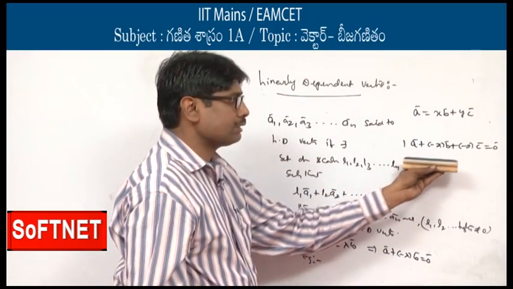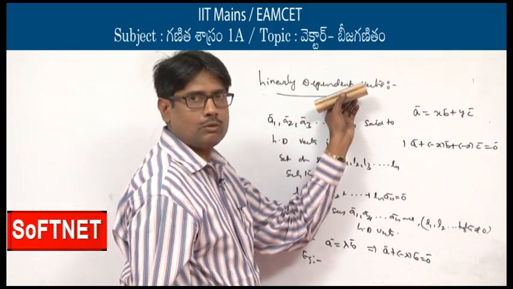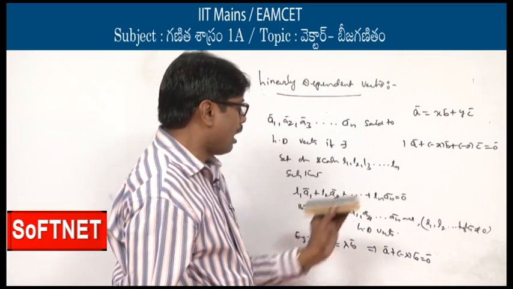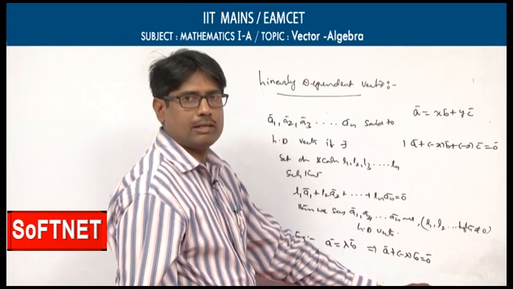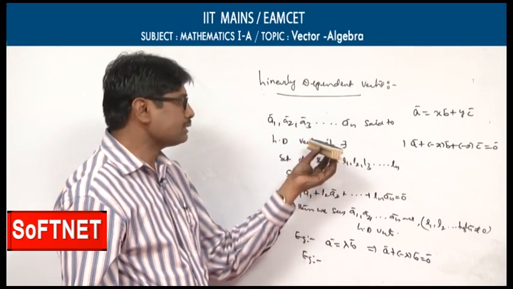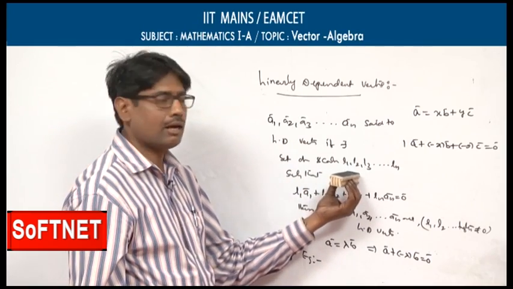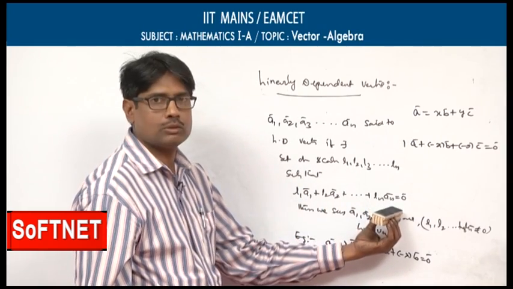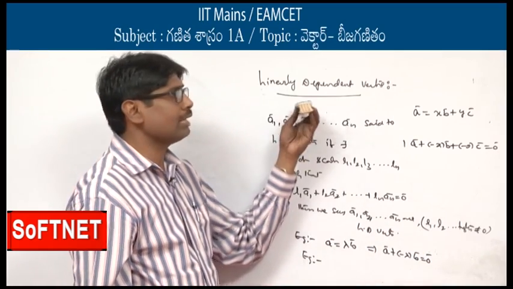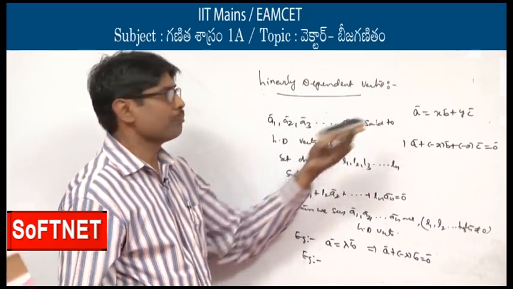So it is constructed as a linear combination. So all coplanar vectors are linearly dependent, and all parallel vectors are linearly dependent. A set of vectors is said to be linearly dependent if there exists a set of scalars whose linear combination equals 0 and the scalars together are not all equal to 0.